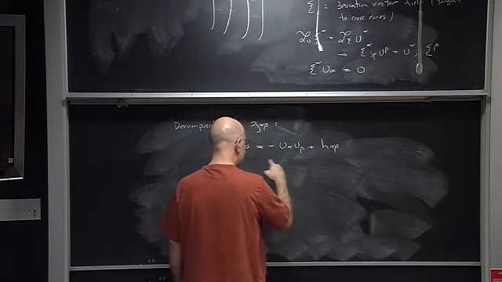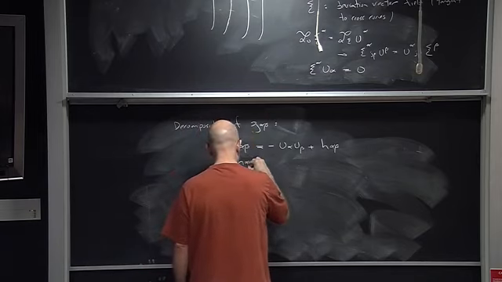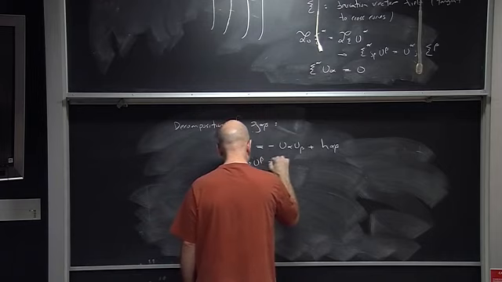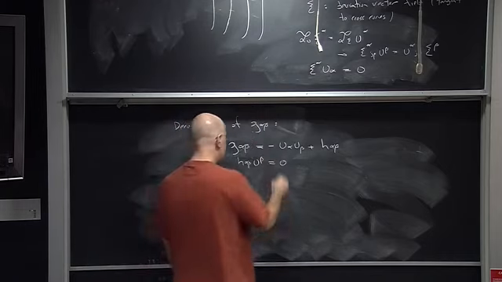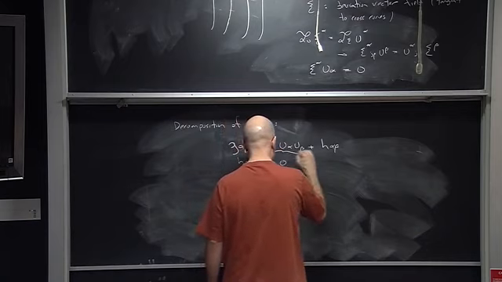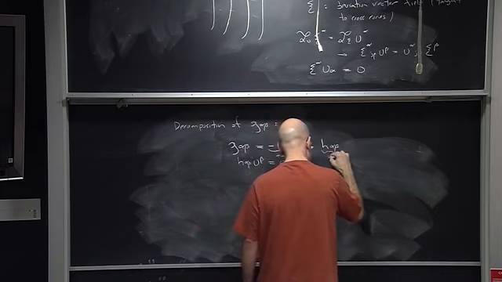So we have this piece, we have this condition that tells us that H is a purely spatial thing. And basically what we have here is a decomposition of the metric into a time piece and a spatial piece.